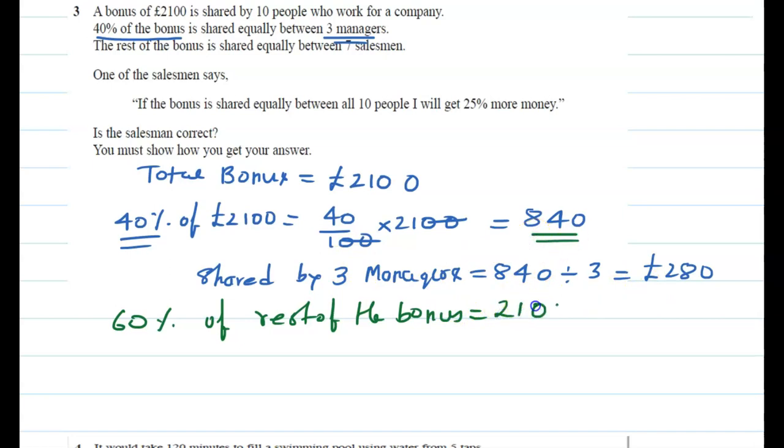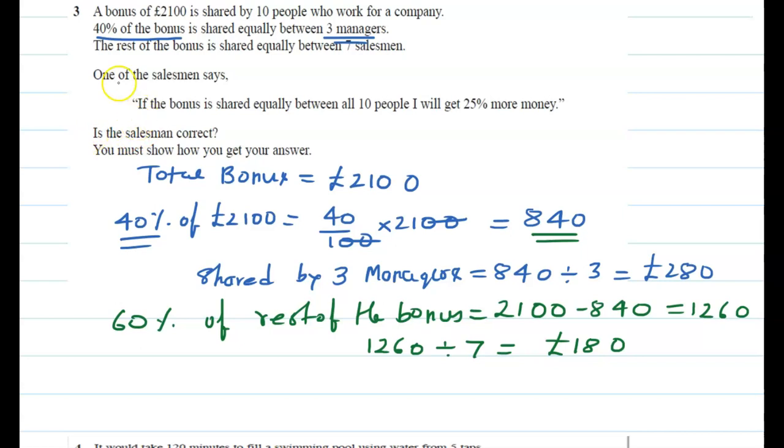So 2100 minus 840 gives us 1260, and it is shared by 7 salesmen. If we divide 1260 by 7, we get 180 pounds.